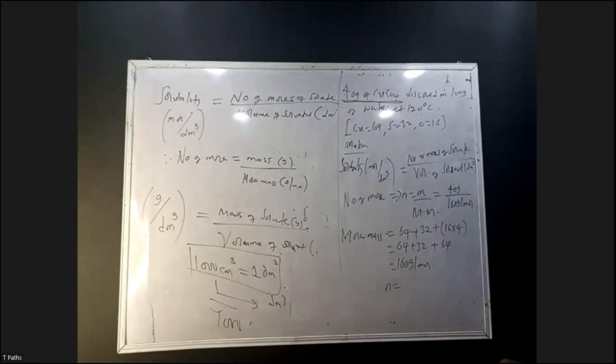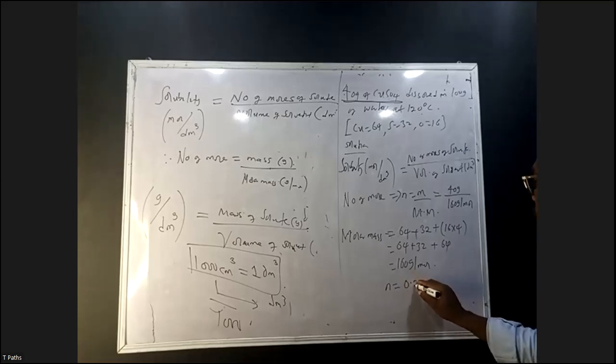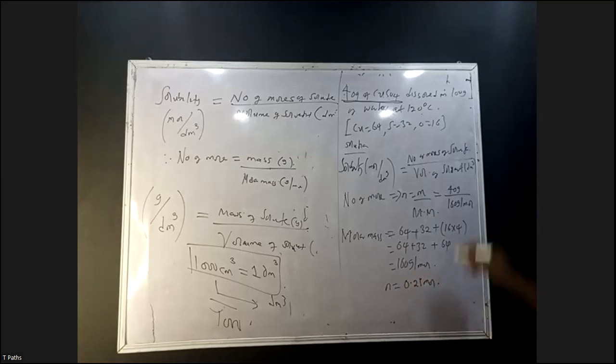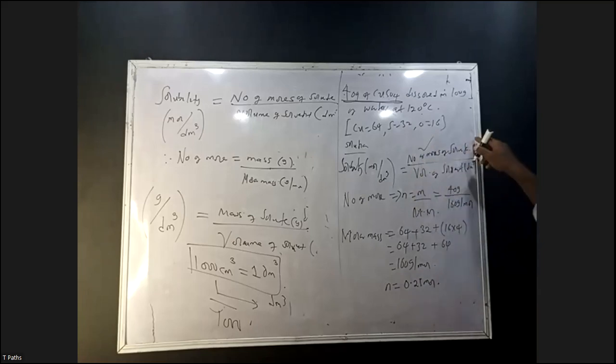So we have 40 divided by 160, which gives 0.25 moles. So we have gotten the number of moles of the solute.